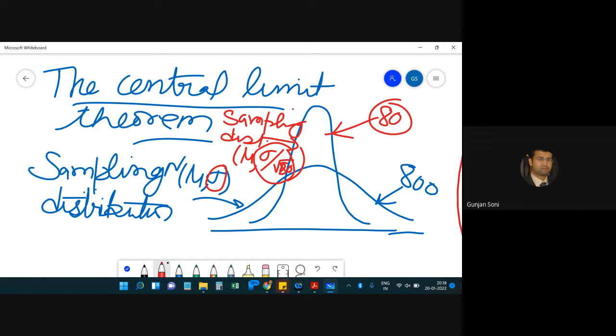Can anyone guess why? We can also see it is lesser because the points are much closer in this, while in the population it is spread out. So why do you think the sampling distribution has a lesser standard deviation than the population distribution? Anyone?